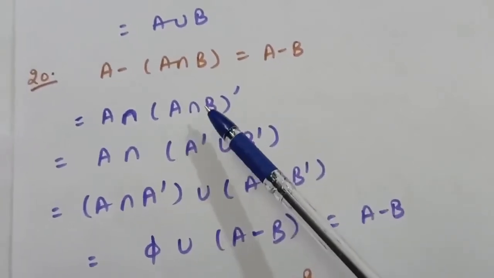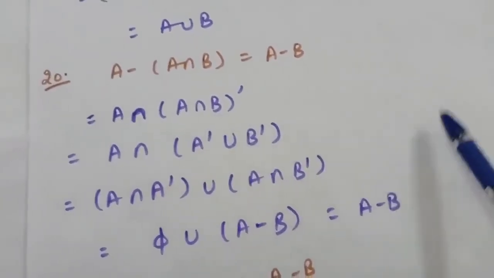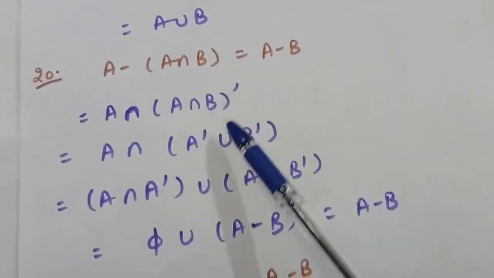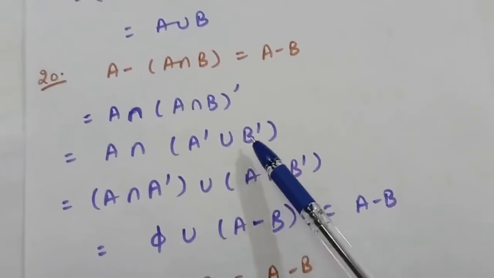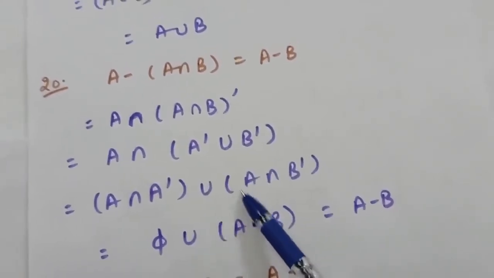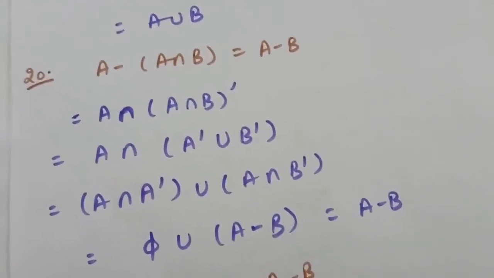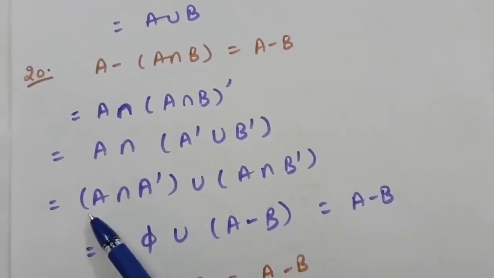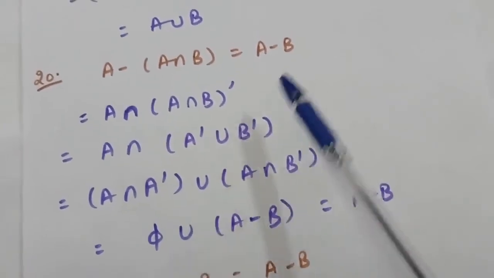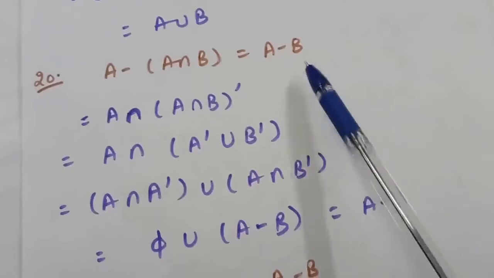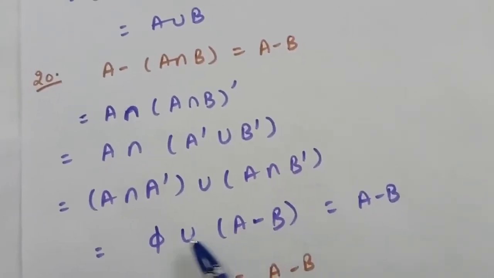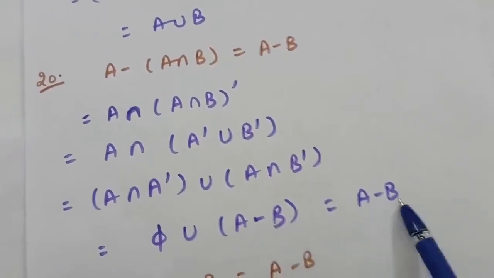So solving it by De Morgan's law, you can write here in the bracket also that by De Morgan's law, A intersection B whole complement will be A complement union B complement. Now we have applied the distributive law. Now this intersection of A and A complement is obviously phi union, because we want to show it equal to A minus B. So writing this again as A minus B. Now phi union, this will be the same set A minus B.